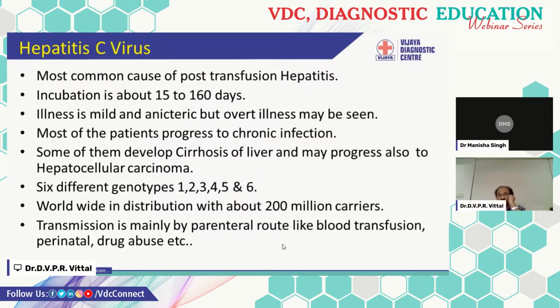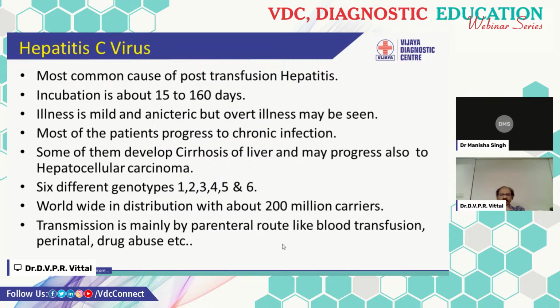So, the genotyping of hepatitis C virus is again very important, and there are 6 varieties of genotypes, that is 1, 2, 3, 4, 5, and 6. The most common genotype present in India is type 3, and the most common genotype in Western countries like America is type 1.